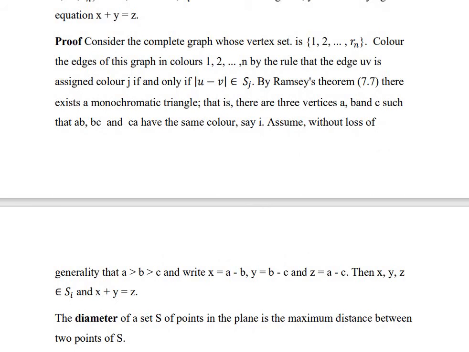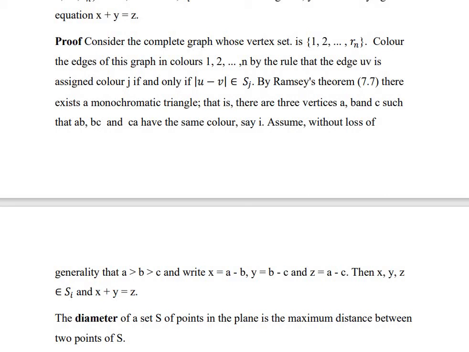Consider the complete graph whose vertex set is 1, 2, etc., up to Rn. Color the edges of this graph in colors 1, 2, up to n by the rule that the edge uv is assigned color j if and only if the modulus of u minus v is an element of Sj. By Ramsey's theorem, where the inequality is given by equation 7.7, there exists a monochromatic triangle, that is, there are 3 vertices A, B and C such that AB, BC and CA have the same color, say i.